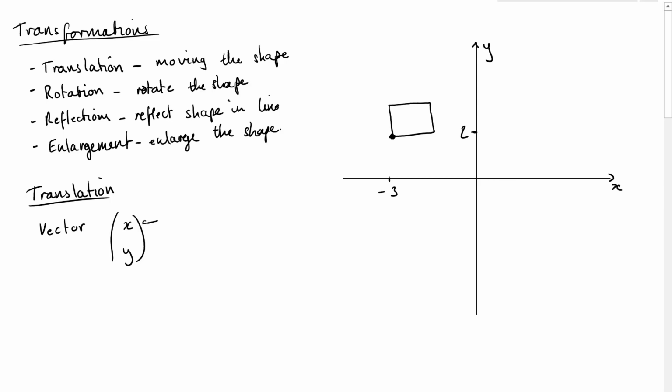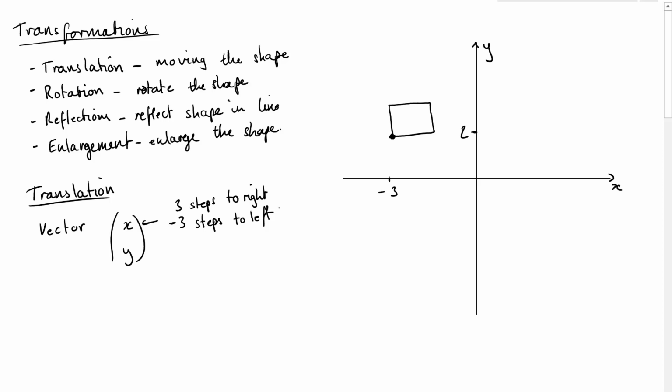The top part just refers to whether we're moving in the x direction. So if, say, for example, we had a 3, so x was 3, it means we're moving 3 steps towards the right, so towards the positive x-axis. Now if it was -3, we'd have 3 steps to the left.